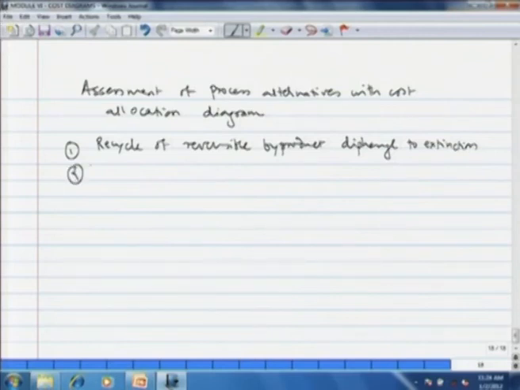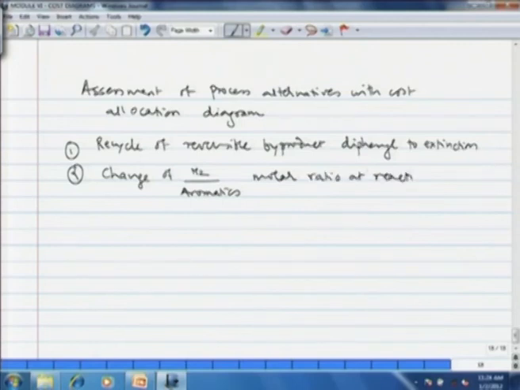Second, change of H2 to aromatics molar ratio at reactor inlet.